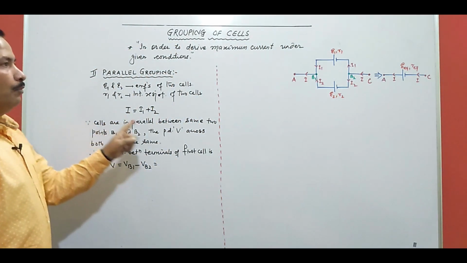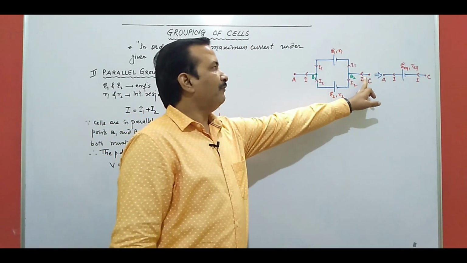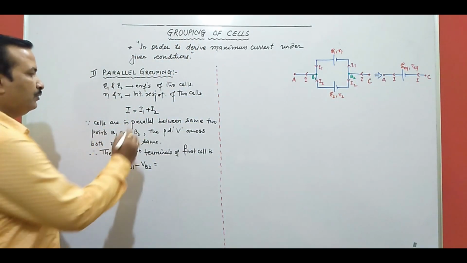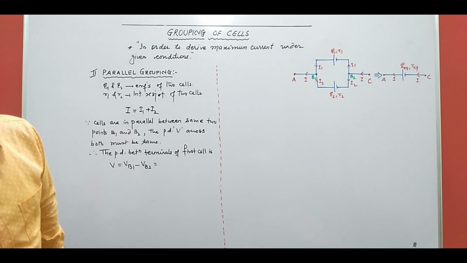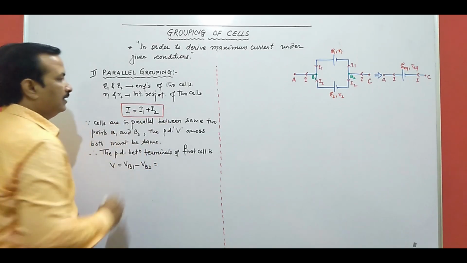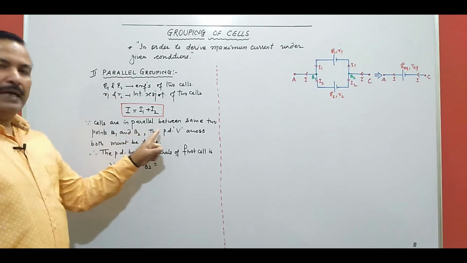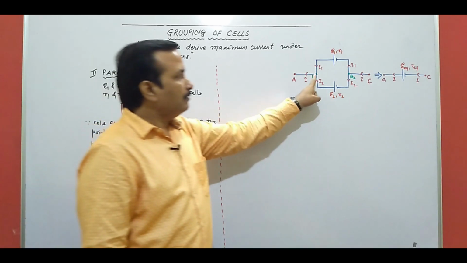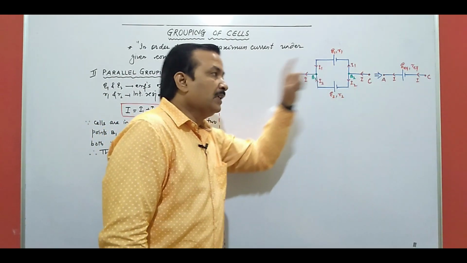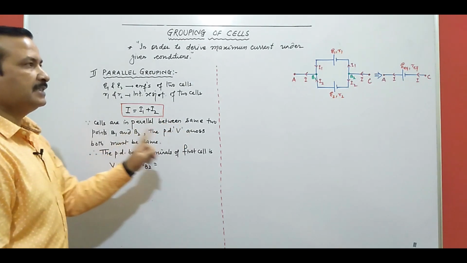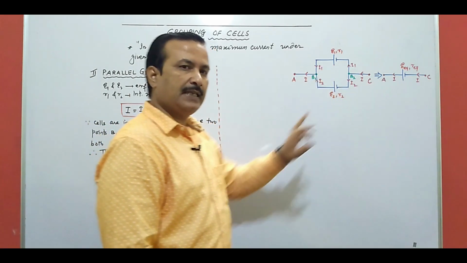So see, when the current is going from here, it is getting divided into two parts. So we can write I is equal to I1 plus I2. Okay, this is the current. Now since cells are in parallel, both are connected in parallel, between the same points, see B1 and B2 are the same points. When they are at the same points, how will the potential difference be? It should be the same, of this cell and of this cell.